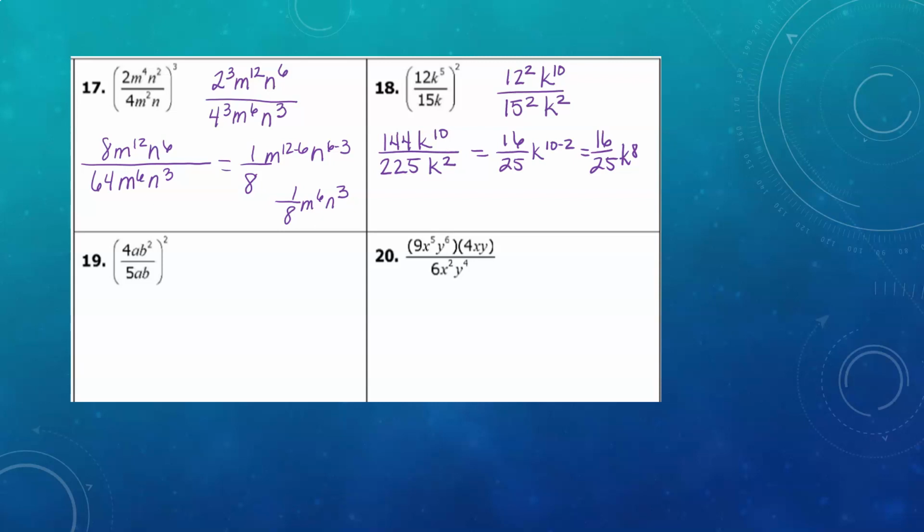Same here. I am going to square everything. 4 squared, a squared, b to the 4th, because it's 2 times 2. 5 squared, a squared, b squared. So 4 squared is 16. 5 squared is 25.